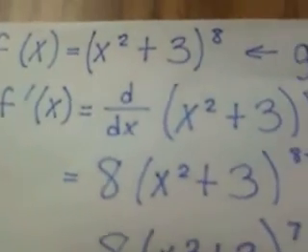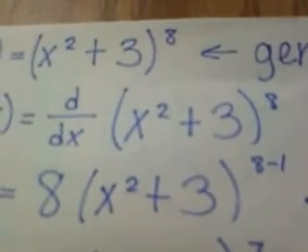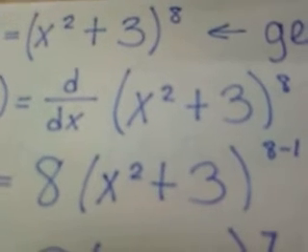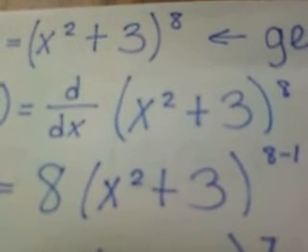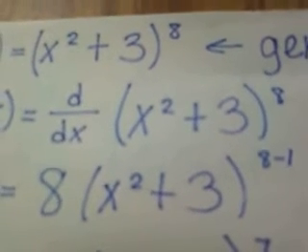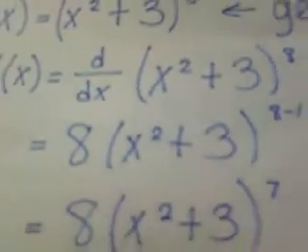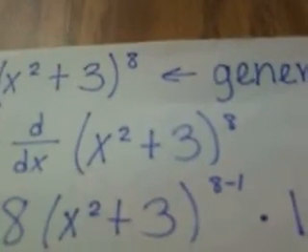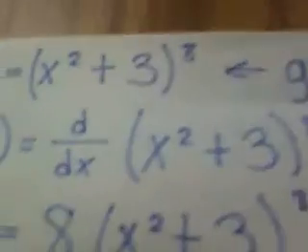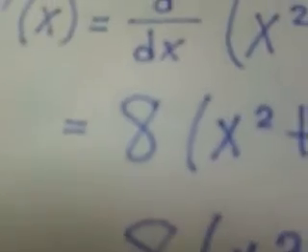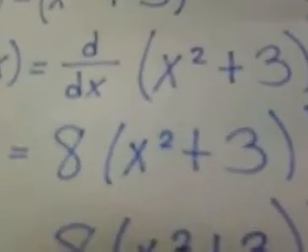d over dx before the original function, which would be (x squared plus 3), parentheses on both sides, to the 8th. This is how we do it. We move the 8 up front, (x squared plus 3).